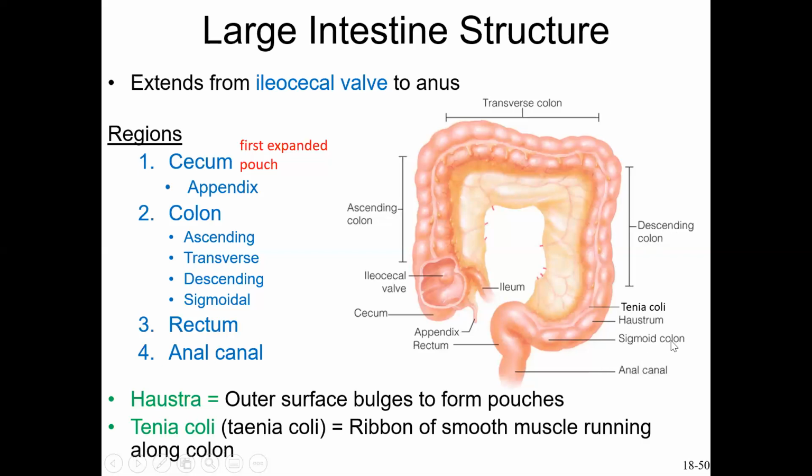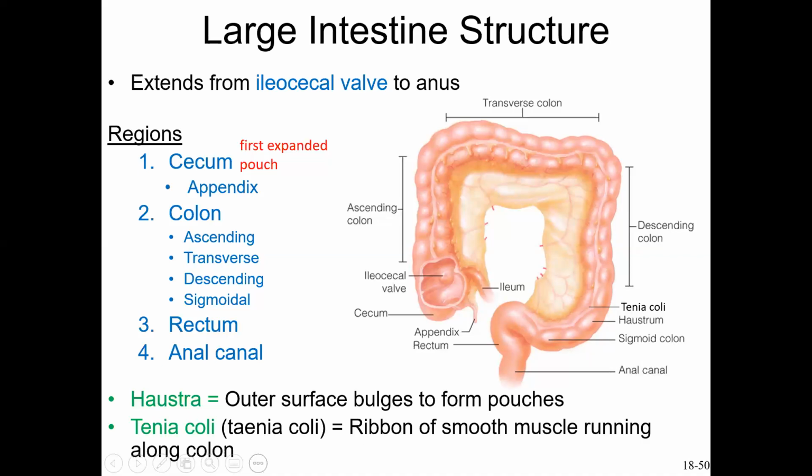Then you have the sigmoid colon, and sigmoid means S-shaped. See how it creates an S structure? And then the colon will dump into the rectum, which will become the anus, and that's how the waste products come out.